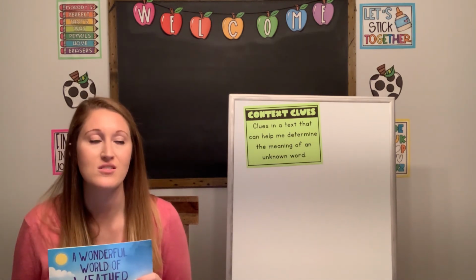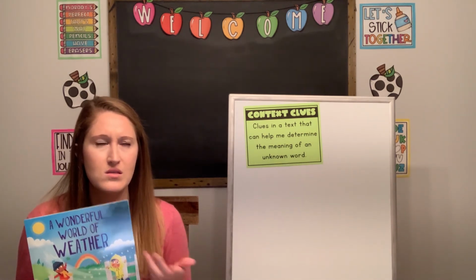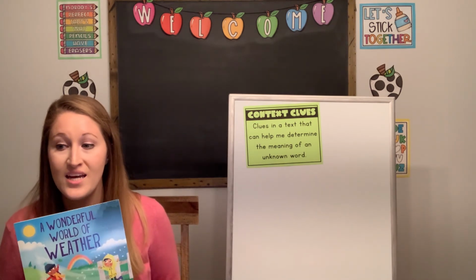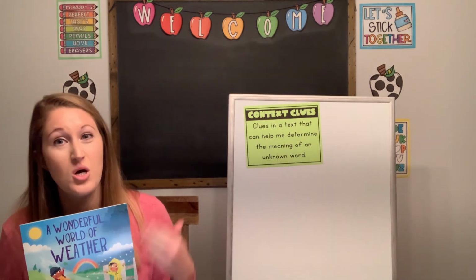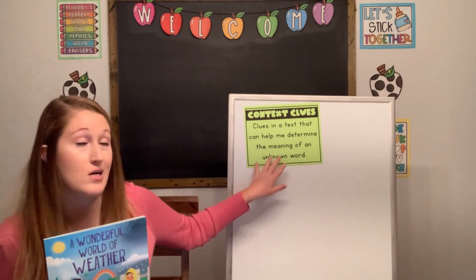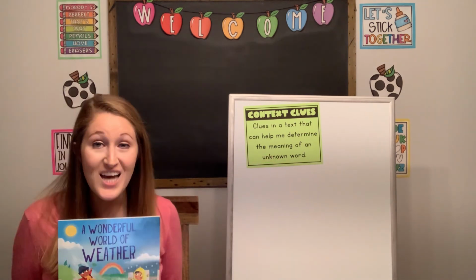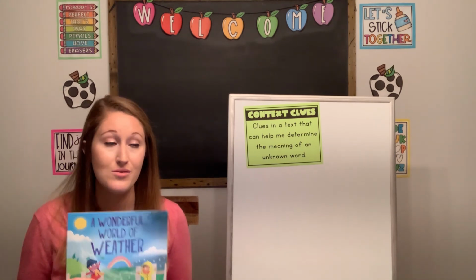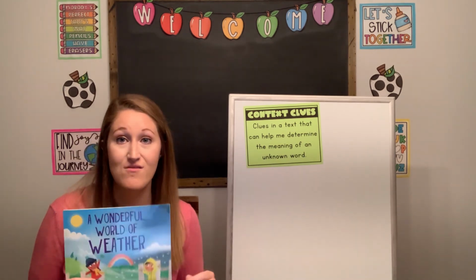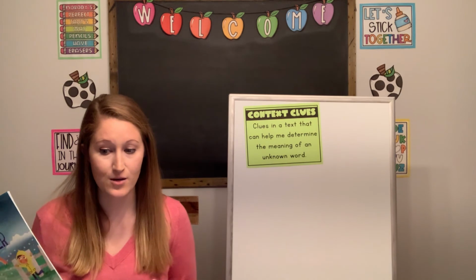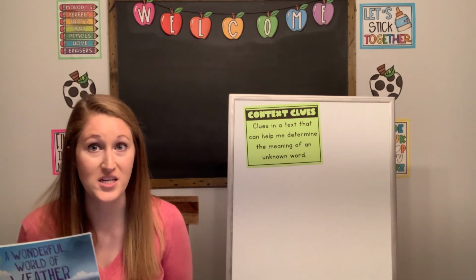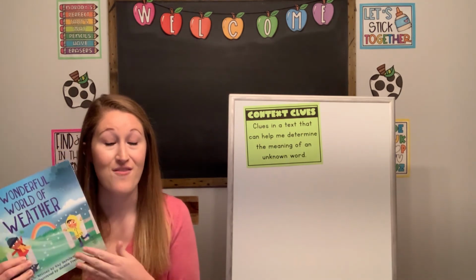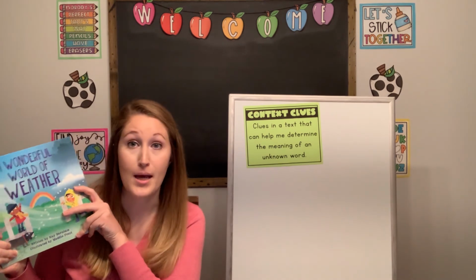Then we can ask ourselves, does this new sentence make sense? And if it doesn't, we need to go back to the drawing board and recheck context clues. But if it does, that means that we were able to correctly use our context clues to identify the meaning of those unknown words. Now, this doesn't just work in nonfiction texts like the book that we read today about weather.